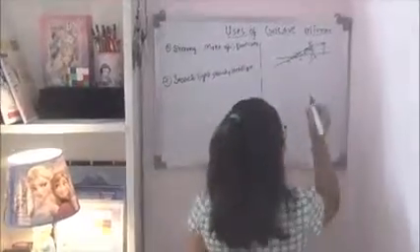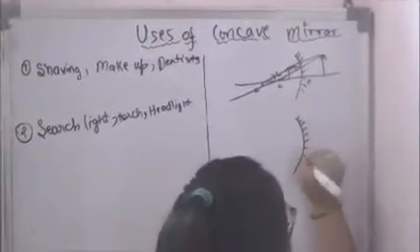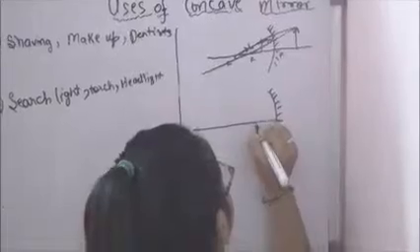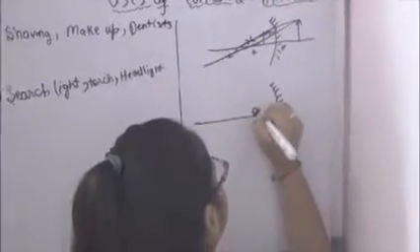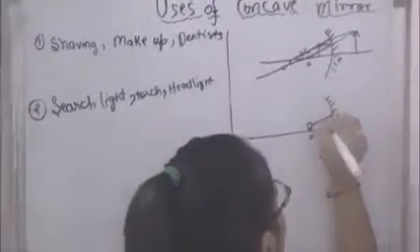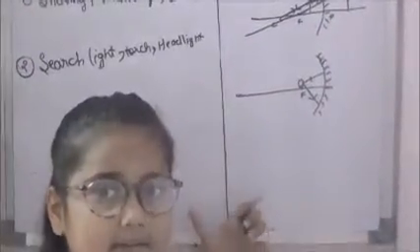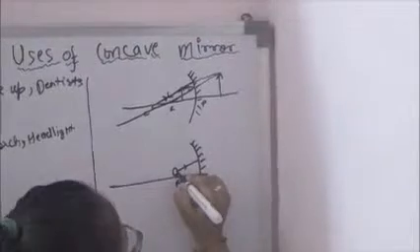Now, say like this is a concave mirror. This is the principal axis. This is the principal focus. Now here I am placing a bulb like this. From here this one ray goes, here a ray goes. So here two incident rays are incident on the principal focus.